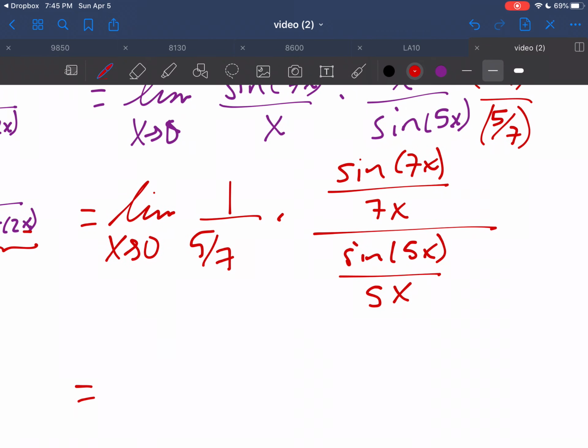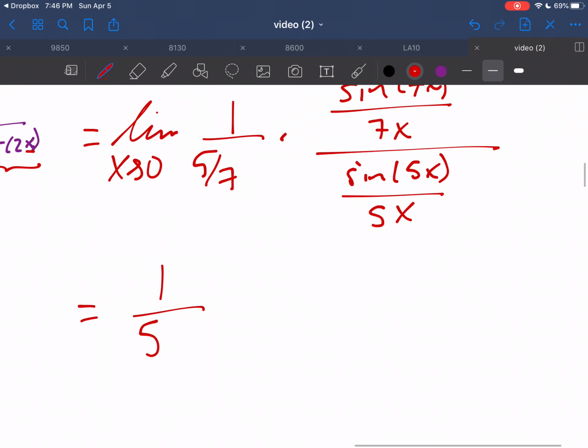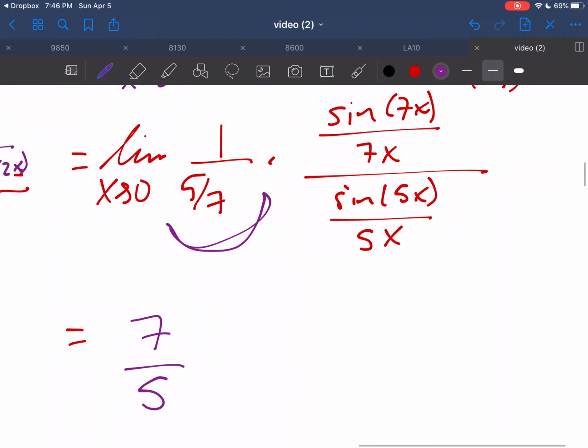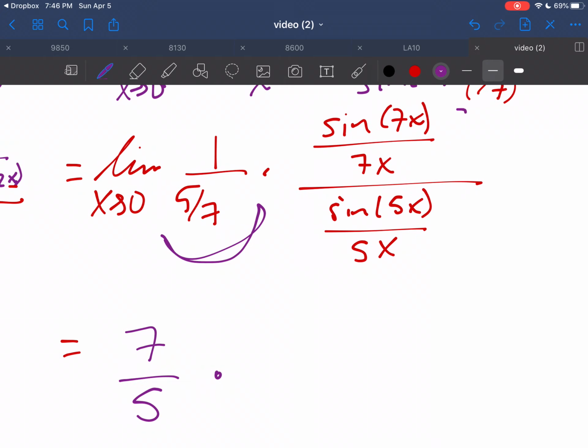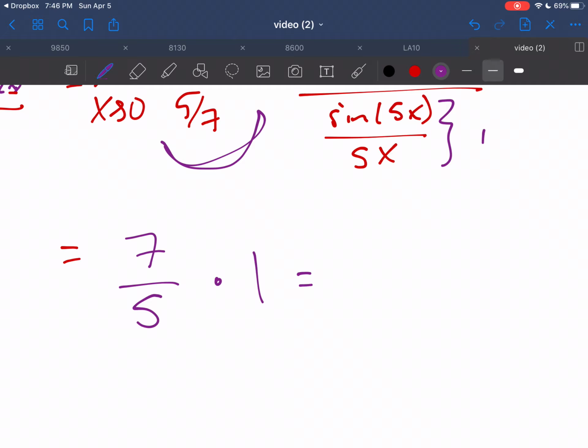Okay, so let's do it this way. This 1/5 is just going to be 7/5 times this piece is 1, this piece is 1, so just times 1. So our answer is just 7/5.